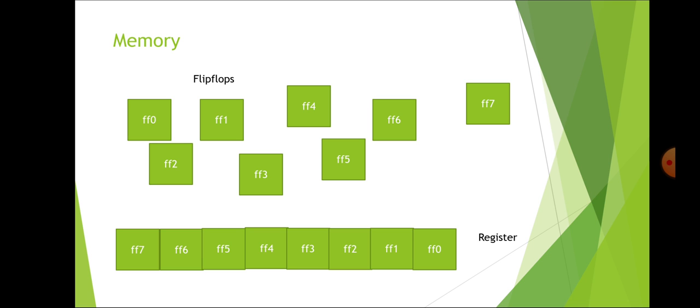Now if you connect these flip flops in a sequential manner, or in a chain, as you can see in the picture below, there are flip flops connected to each other. So they form a register.